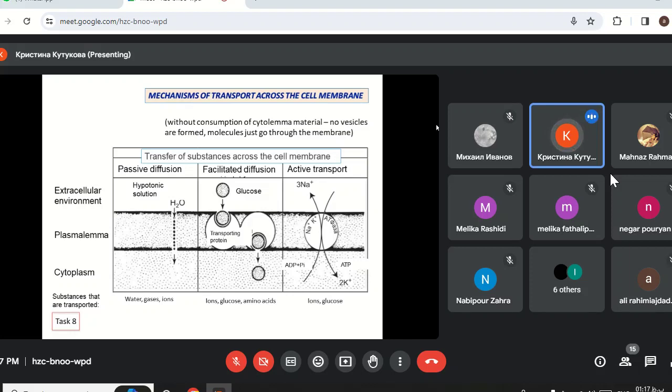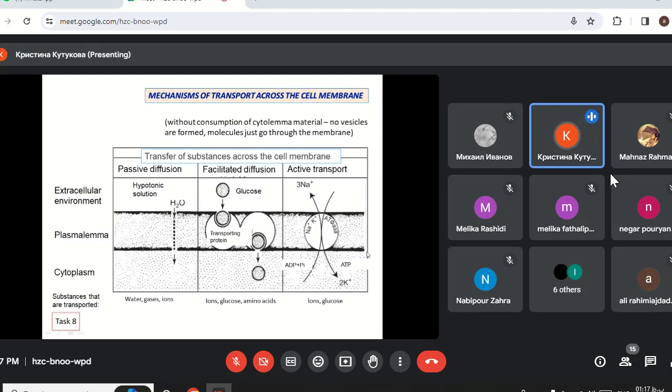And it can be performed via different ways. So here you can see three types of transportation across the cell membrane without consumption of cytolemmal material. So here you can see that no vesicles are formed and the molecules just pass through the cell membrane.